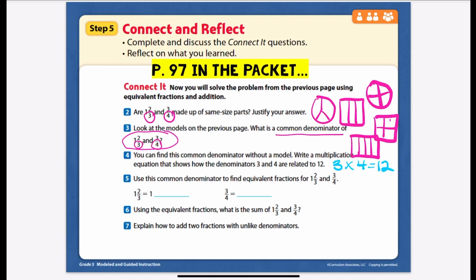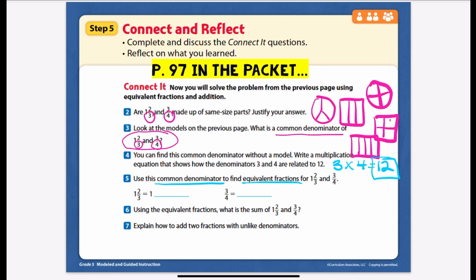So let's use this common denominator to find an equivalent fraction for 1 2/3 and 3/4. So remember, to find an equivalent fraction, we multiply the numerator and the denominator by the same number. In this case, we want to get 12ths because we want the common denominator, right? We just determined that 12ths is the common denominator.